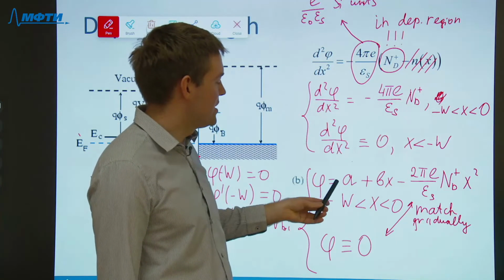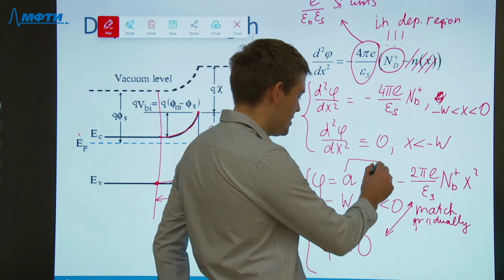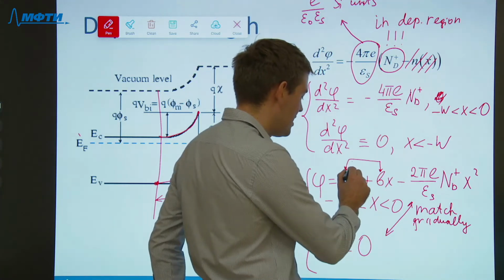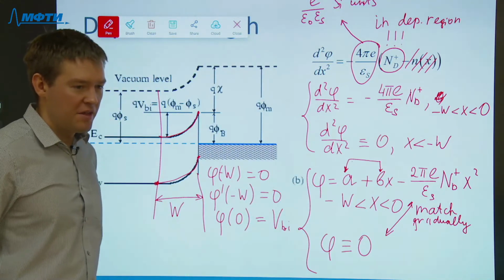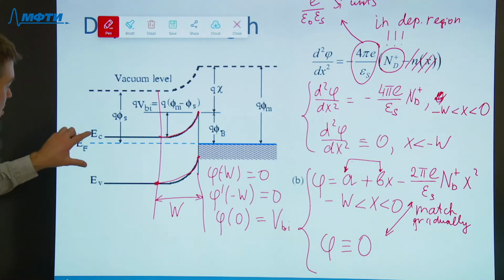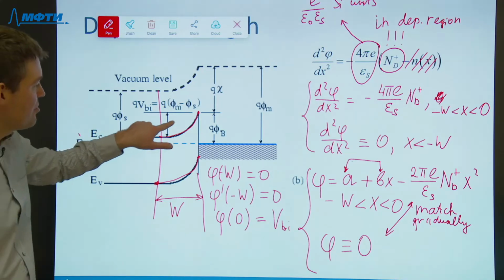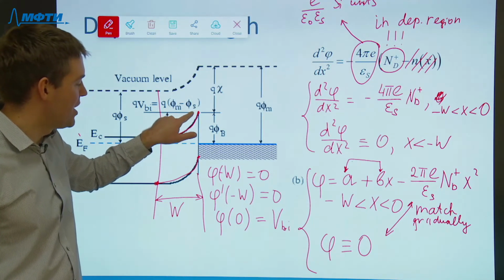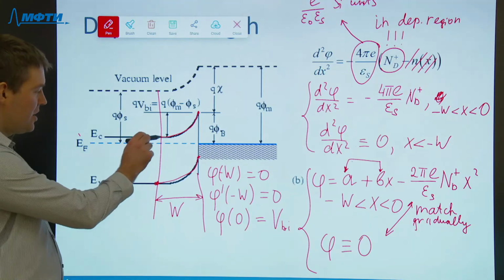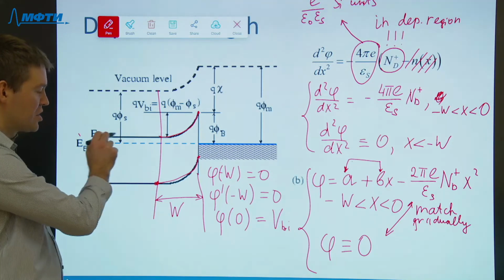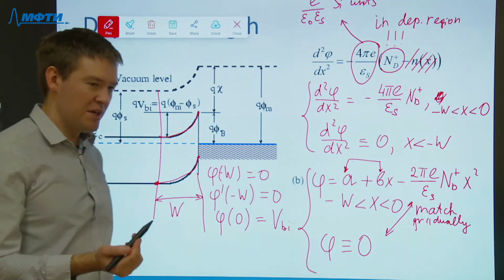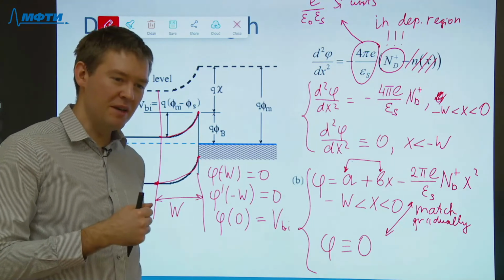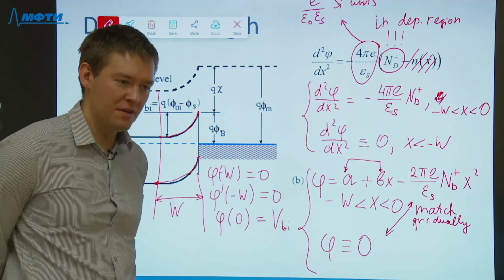We have integrated it twice, and we got 2 integration constants A and B. Still, we have three boundary conditions because we know the electric potential at the left, we know it at the right, and we require gradual matching of this parabolic function to 0. So two integration constants and three requirements. How can we resolve it?